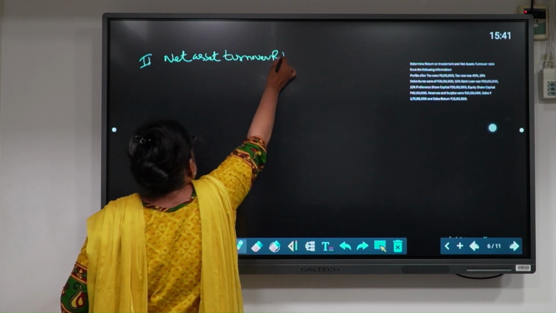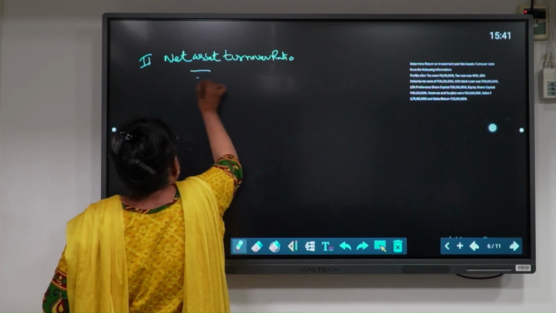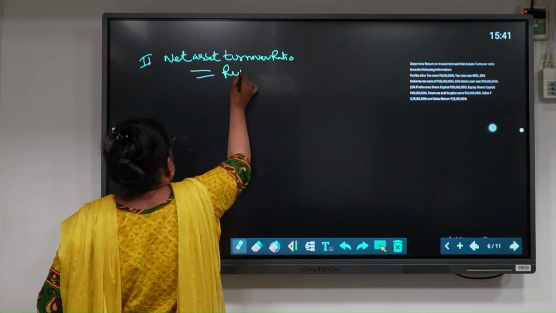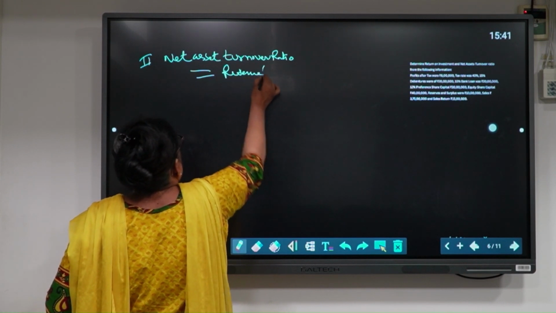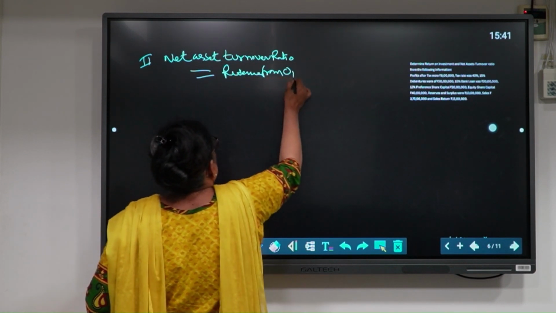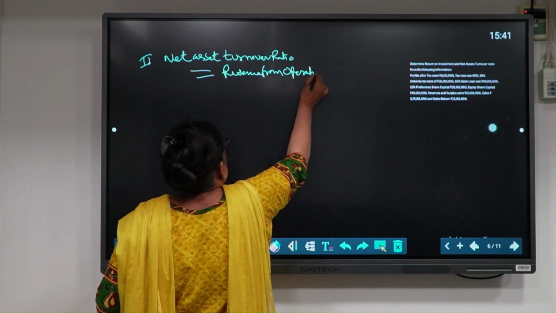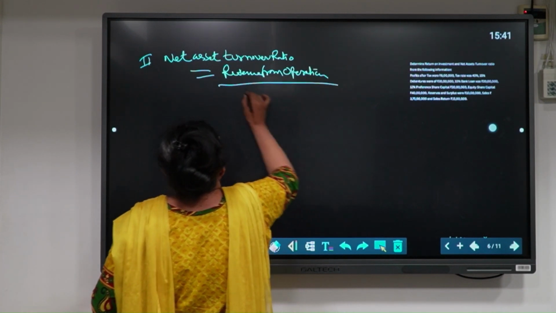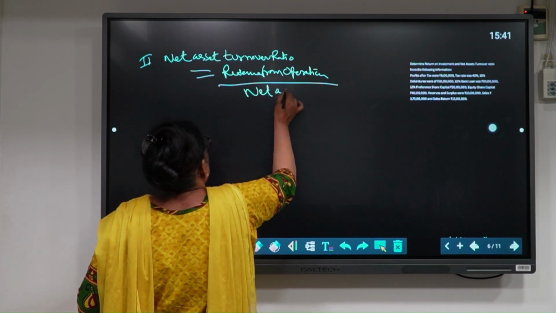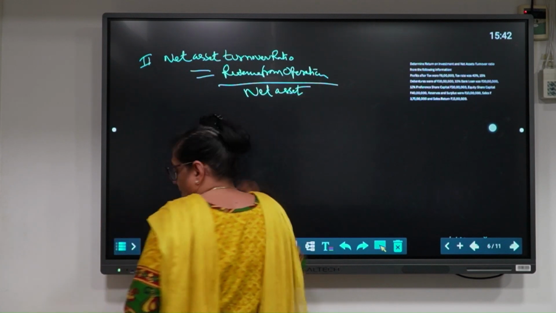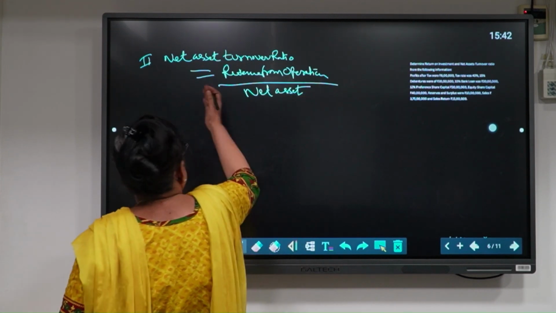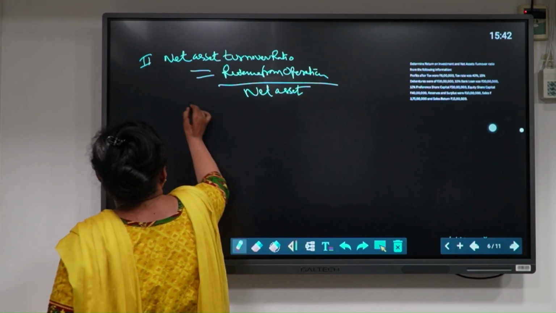I have told you turnover ratio is nothing but revenue from operation divided by net asset. Now what is this net asset? It is nothing but capital employed. I have already told you.